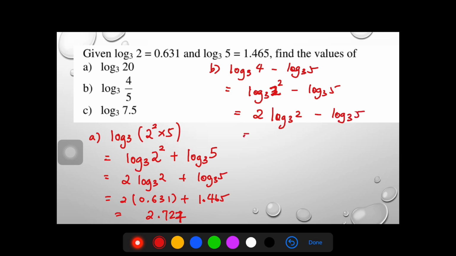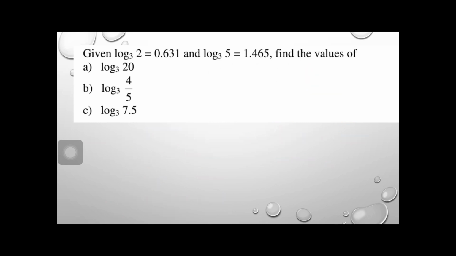And this will become 2 bracket of 0.631 minus 1.465. And use your calculator to multiply 2 with 0.631 minus 1.465. So the answer will be negative 0.203.